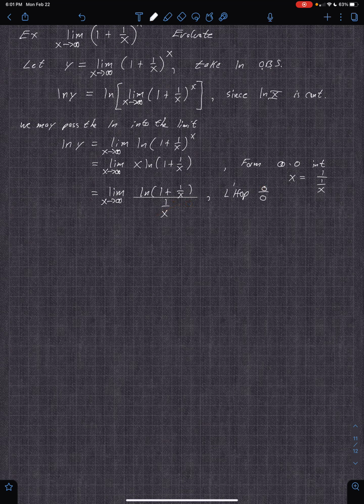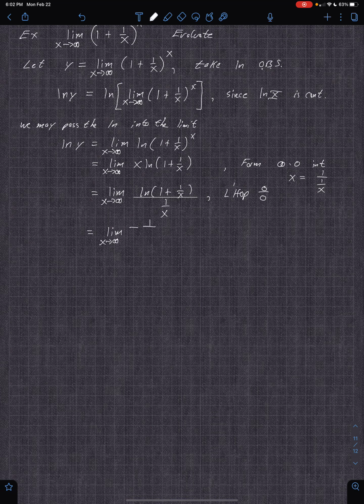Now we apply L'Hopital's rule and take the derivative. So you may want to do this on the side to check it out, but you get the limit as x approaches infinity. And then you get this derivative is 1 over, so we'll keep everything in the numerator. So it's 1 over all of this times the derivative of what's inside. So double check this, but I don't want to spend too much time on it.